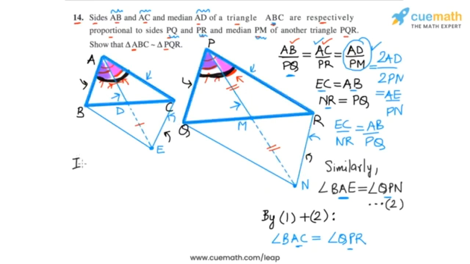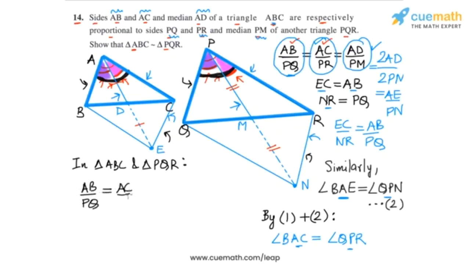In triangle ABC and triangle PQR, we were already given that AB by PQ is equal to AC by PR. This was already given to us. And we also now showed that the included angle pair is equal: angle BAC is equal to angle QPR.